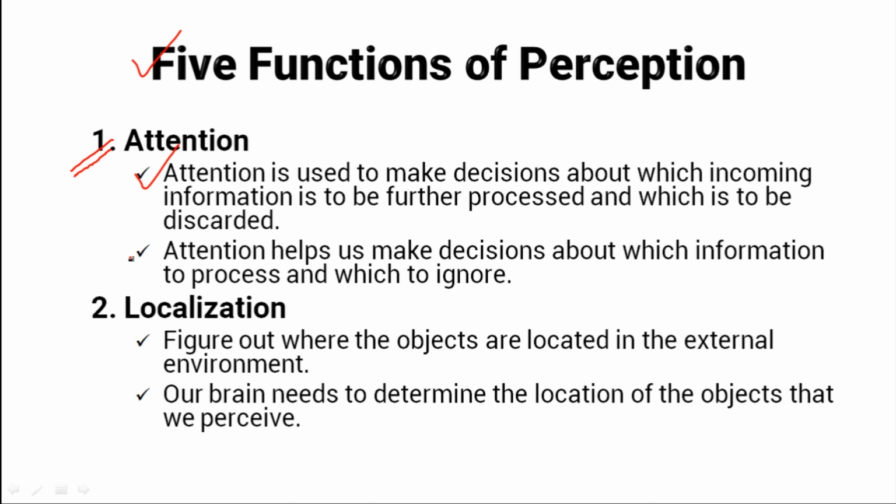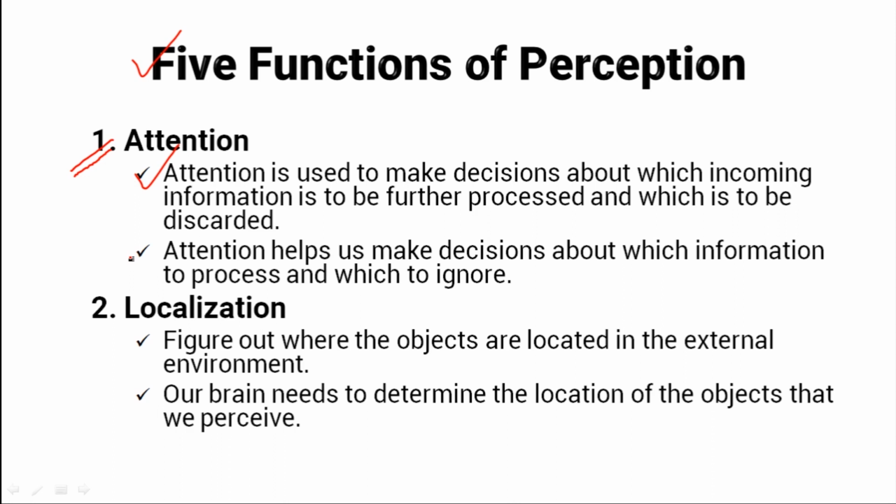Now, another example is, imagine you are driving a car and you need to focus on the road ahead to avoid any obstacles or accidents. But there are many other things happening around you, like the radio is playing, people are talking, and other cars honking, and many more. So if you try to pay attention to all of these things at the same time, it will be overwhelming and distract you from driving safely.